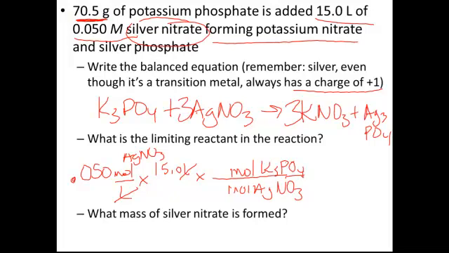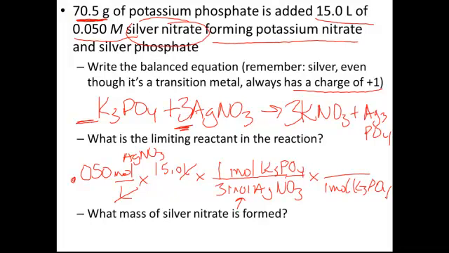And then from my balanced equation, 3 moles of silver nitrate reacts with 1 mole of potassium phosphate. So again, very similar to regular stoichiometry. I would convert my grams to moles, and then I would go moles to moles using the balanced equation. Here I use my concentration and my volume to get moles of silver nitrate instead of converting grams to moles.